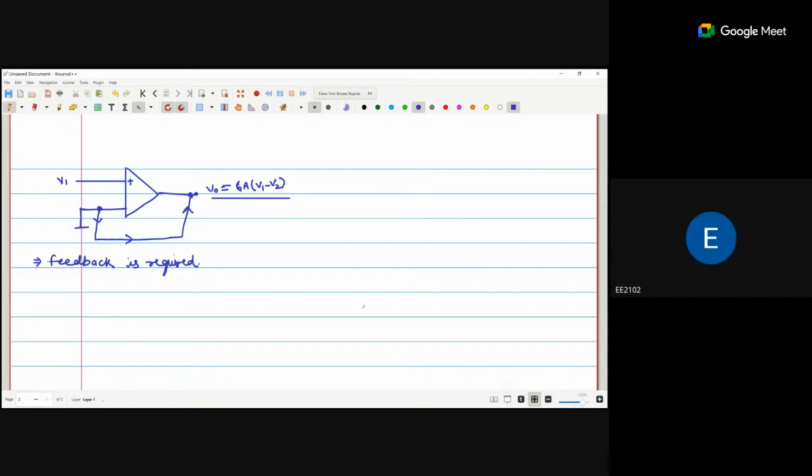So feedback is required. So the op amp is mostly used in the feedback part.